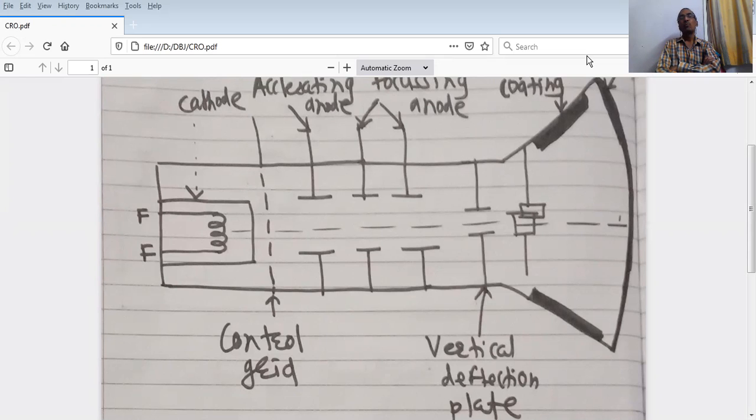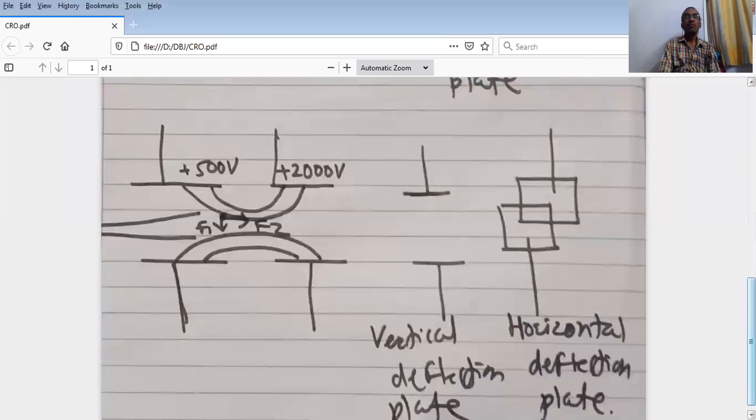Now, today, we are going to see the working of the focusing anode, which is very important. Let us see how it is constructed. See here, the focusing anode is constructed as in the figure.